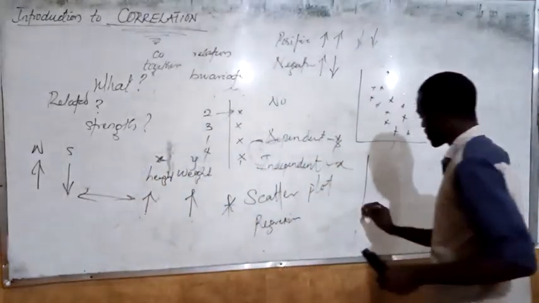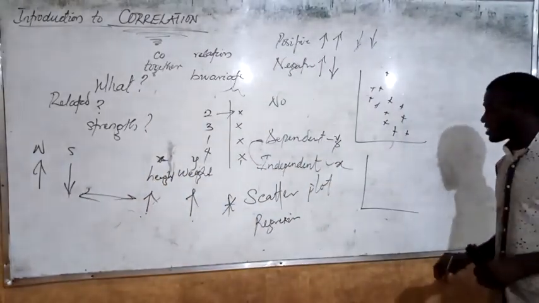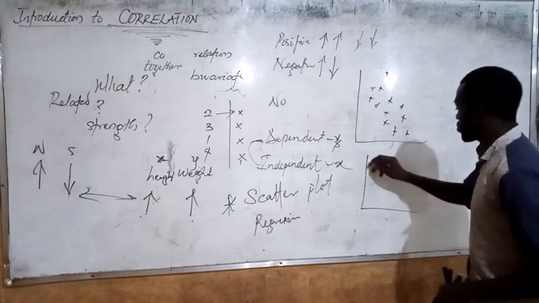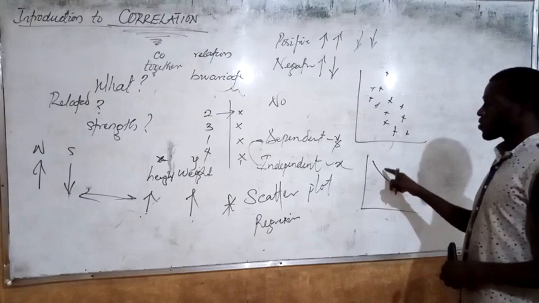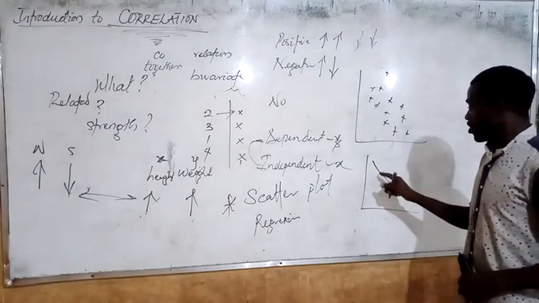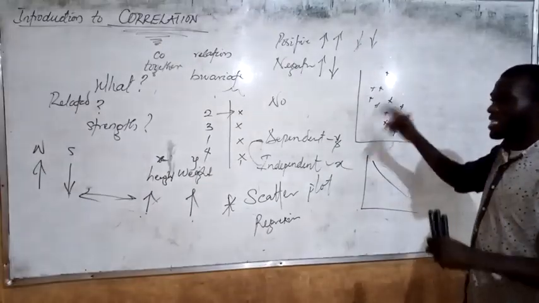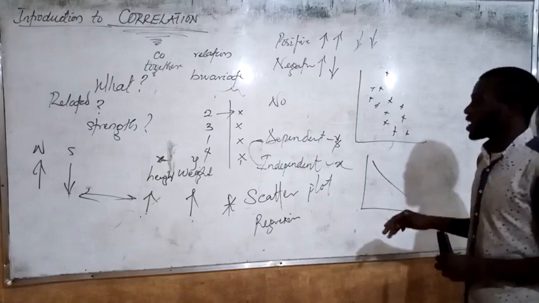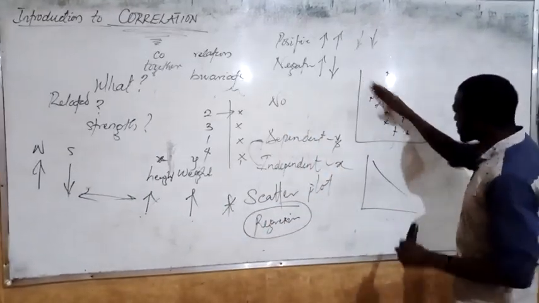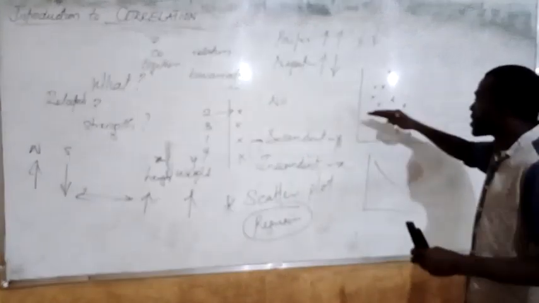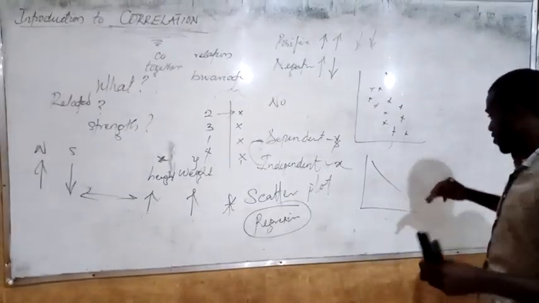For example, if I were to plot a straight line graph, I am going to have something like this, such that every data point lies on the line. But in a scatter plot, all the data are not regularly on the line. So that is why we need a regression line to keep the least square difference between the data set. I'm going to explain that in regression analysis.